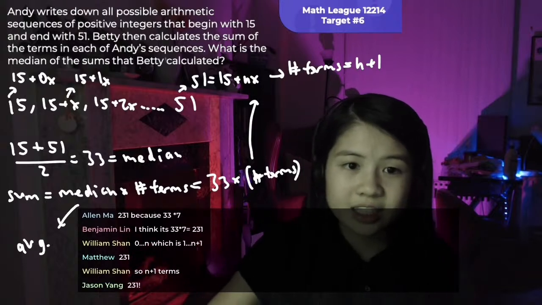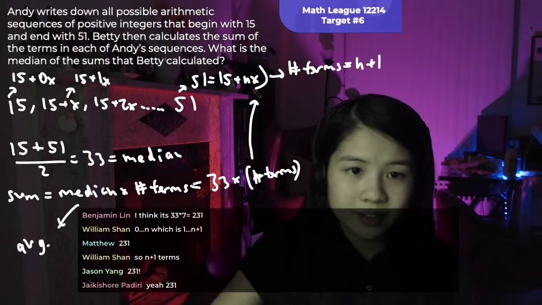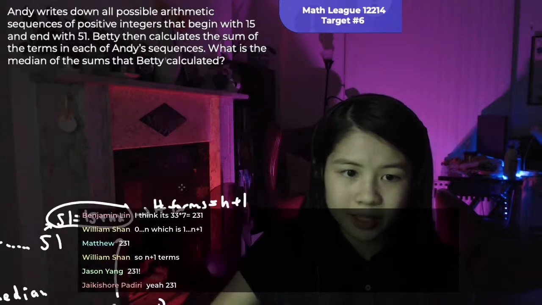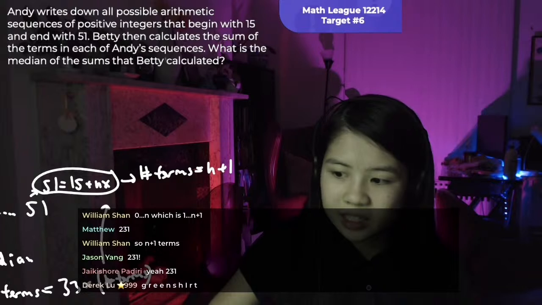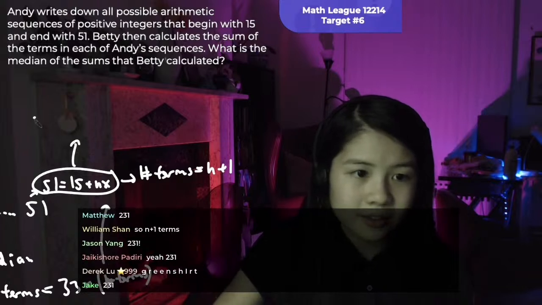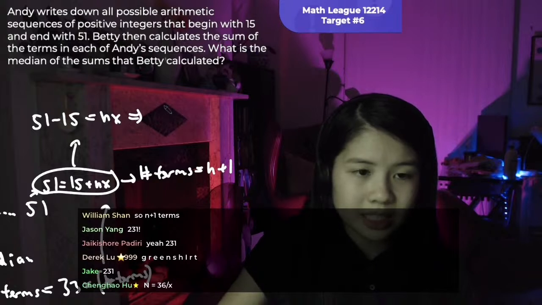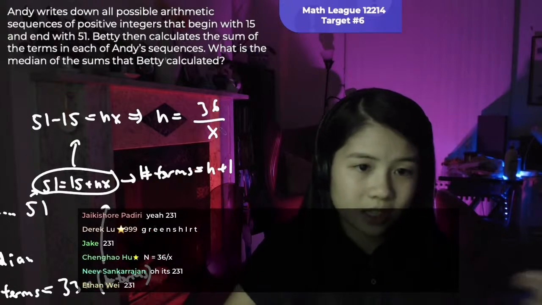Well, if 51 is 15 plus nx, then we can do better than this. We can say that 51 minus 15 equals nx, which means that n equals 36 divided by x if you solve for n.